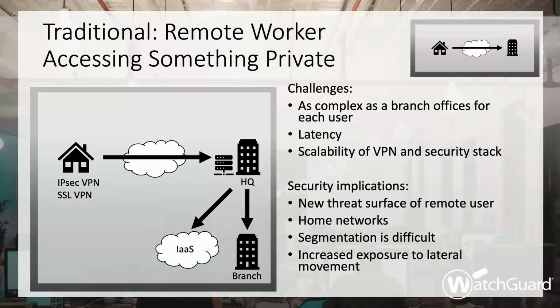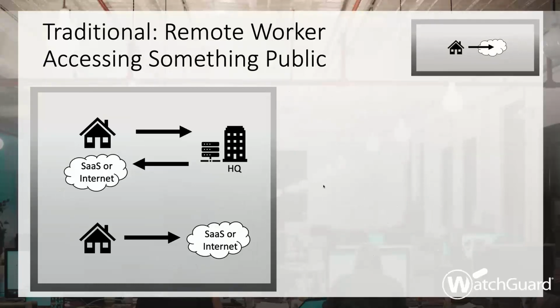We see people zero route traffic over their VPNs, opening themselves up to new threats through movement through those VPN tunnels into the corporate network, and increasing their exposure there.